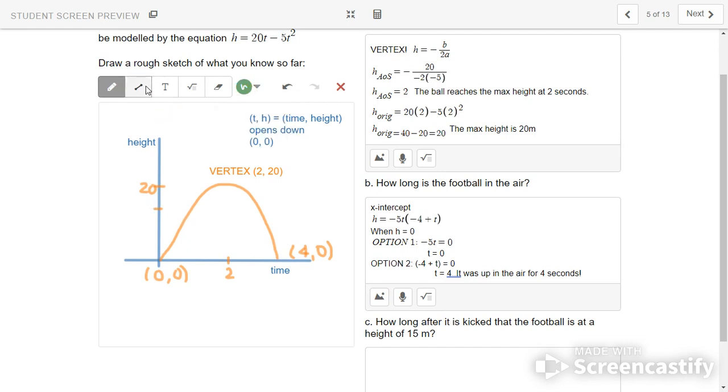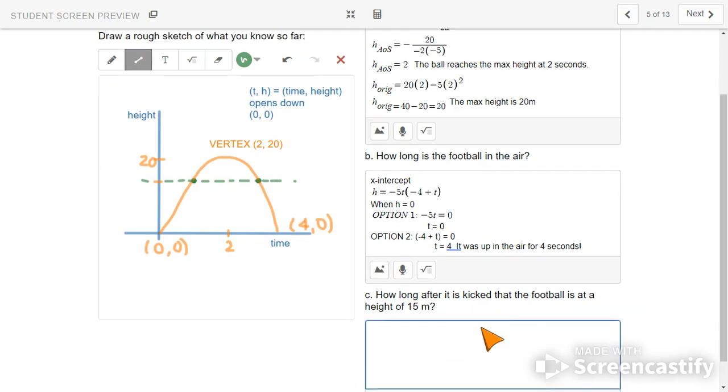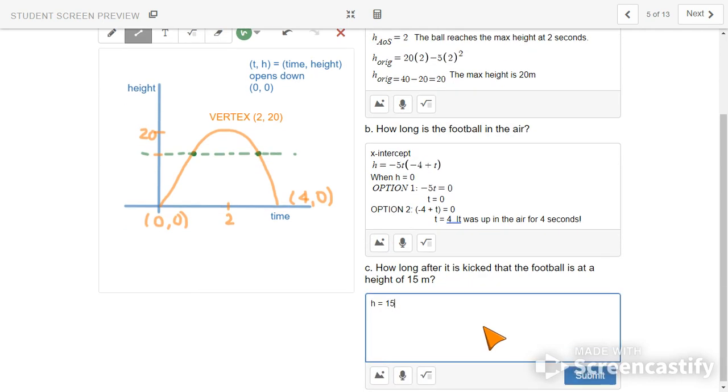So it's like we are looking for this imaginary line to see at what point it crosses this imaginary line. We already know what the h is, so I just need to find my t value now.